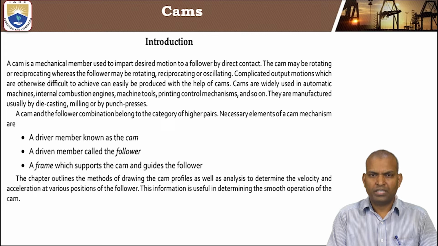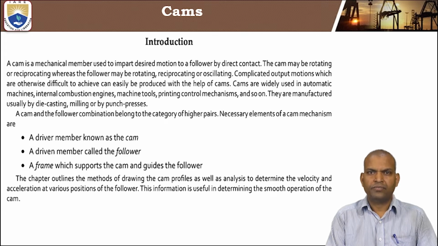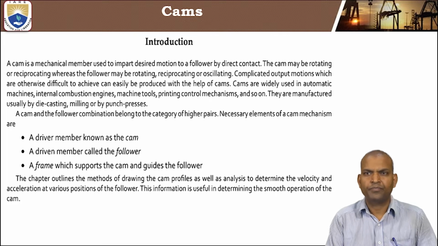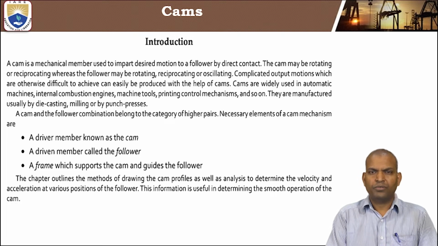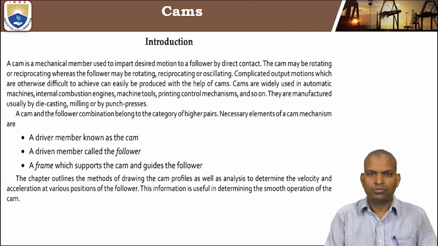The cam may be rotating or reciprocating, whereas the follower may be rotating, reciprocating or oscillating. Very important is that a cam is also used for converting rotary motion to reciprocating motion of followers in the case of a 4-stroke IC engine. How will it be converted?